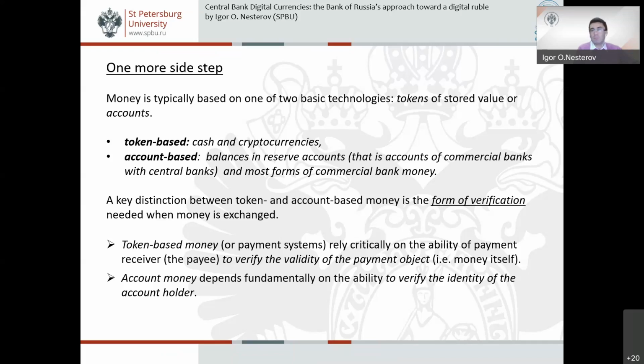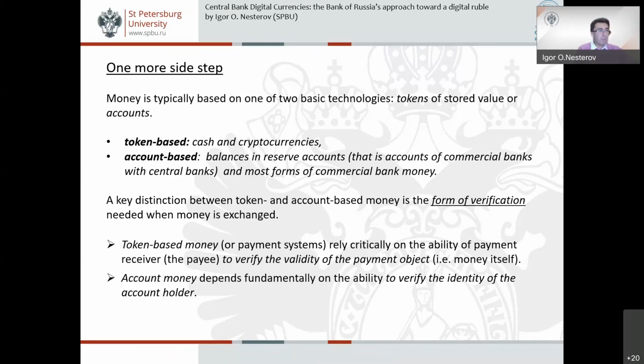So when you receive, for example, a 100 euro banknote, the first thing you are doing, you are checking whether that is an original 100 euro. So that is the question of verification of the money itself or verification of the payment object.